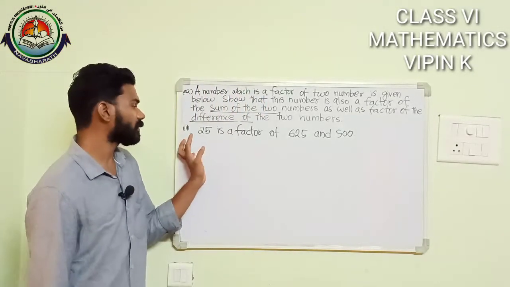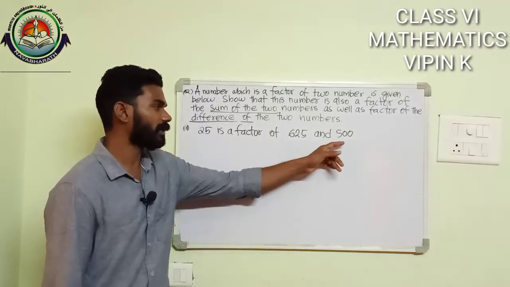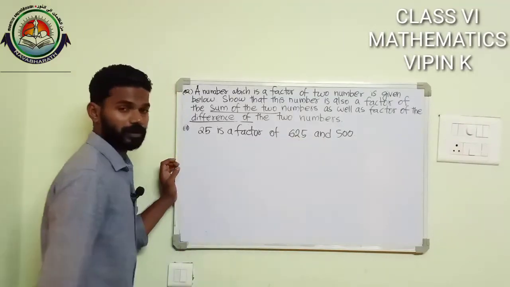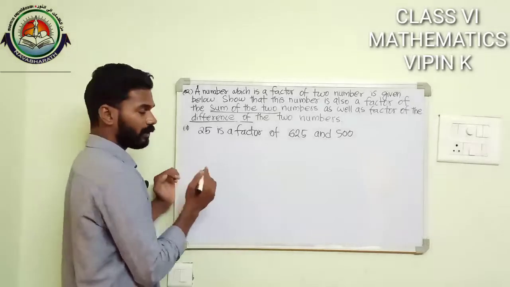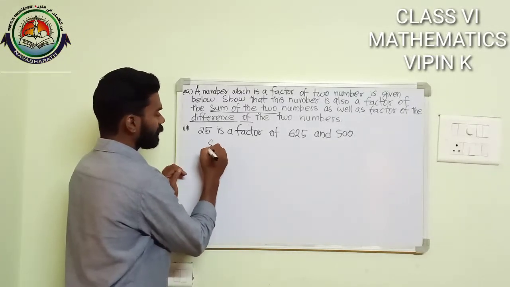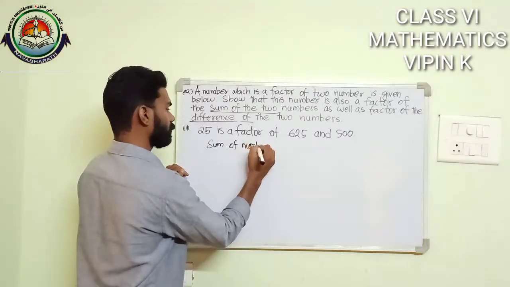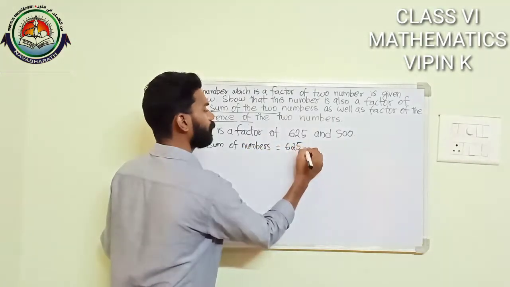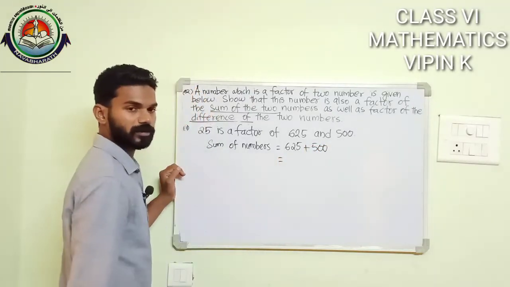And the third one is: 25 is a factor of 625 and 500. Now what do you want to find? You want to find the sum of the numbers, which would be 625 plus 500. What would be the answer?